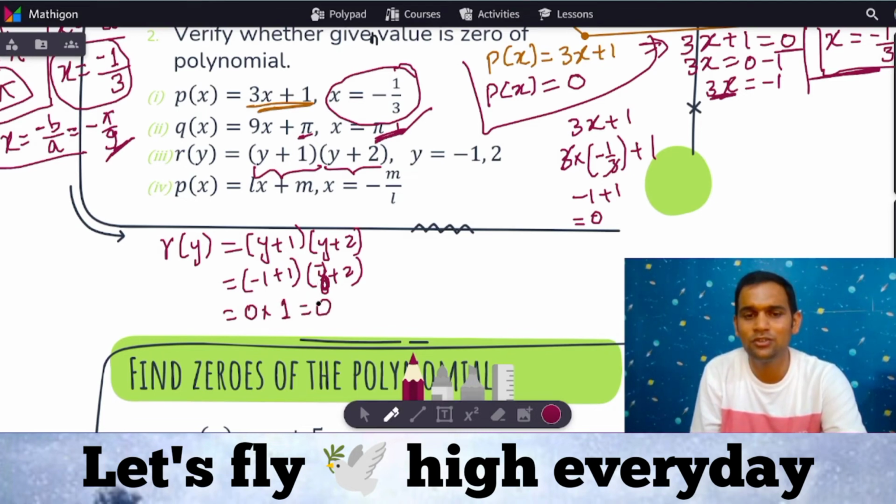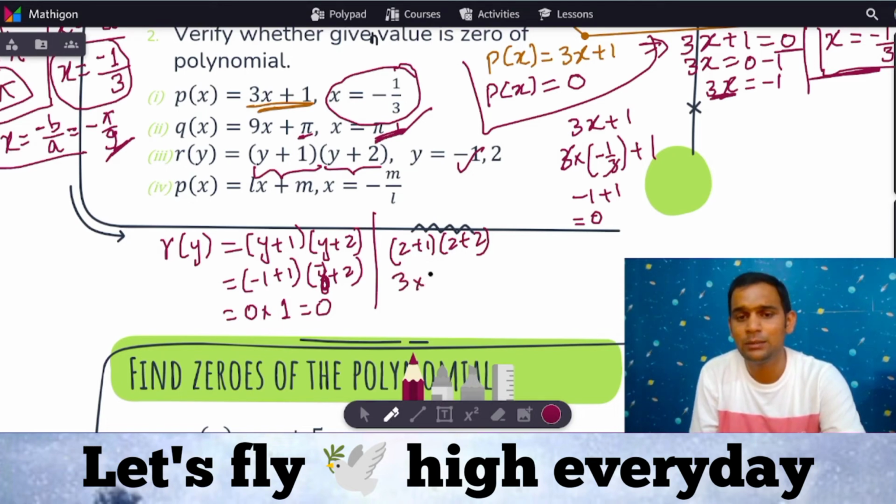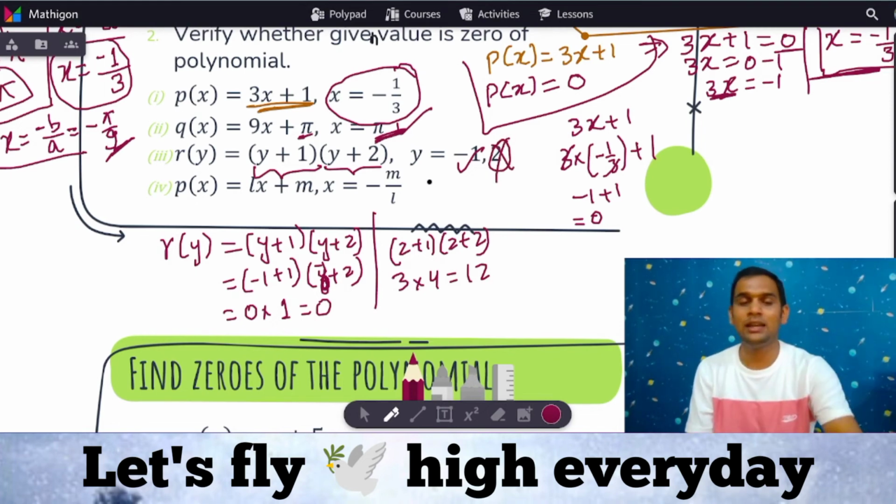So 0 times 1 is 0. That means minus 1 is a 0 of the polynomial. Or if we substitute the value of 2, so 2 plus 1 and 2 plus 2. So 2 plus 1 is 3 multiplied by 4, which equals 12. That says that 2 is not the 0 of polynomial r of y.